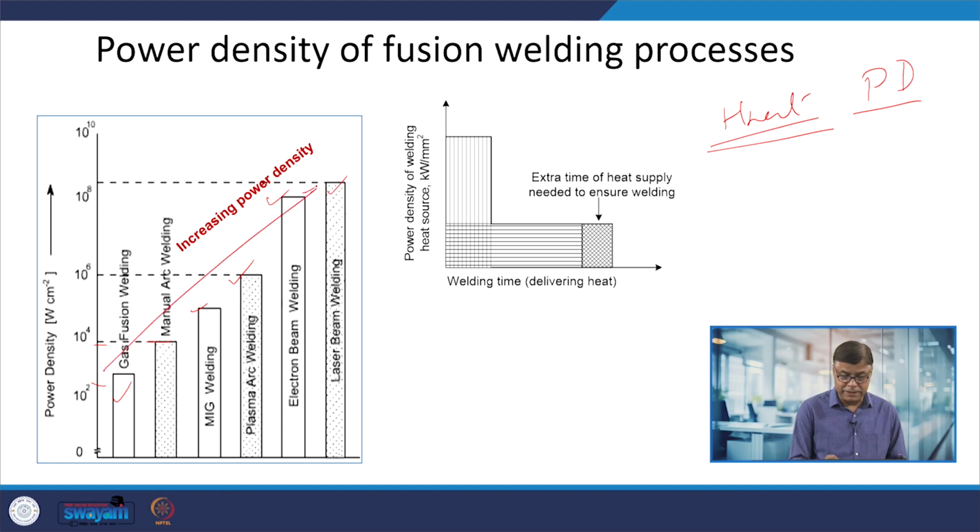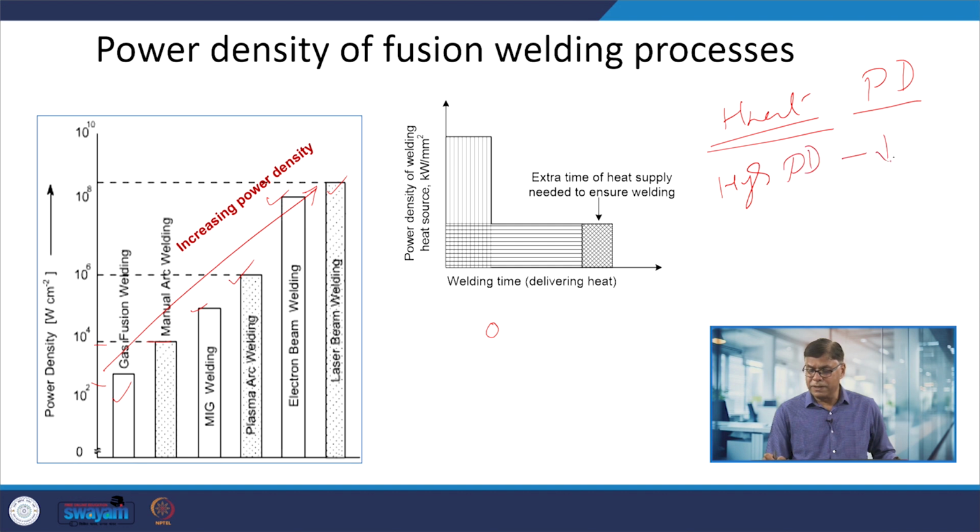Increasing power density means a lot of energy is localized and applied over a small area, therefore, it needs very less time for facilitating the fusion and developing the weld joint.